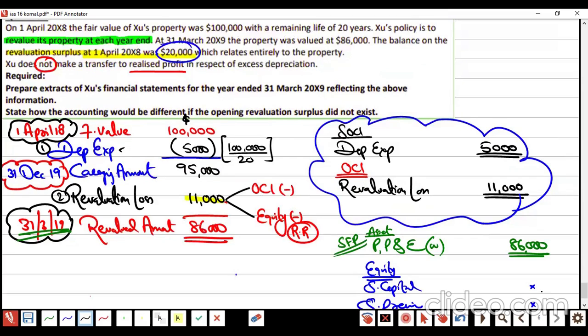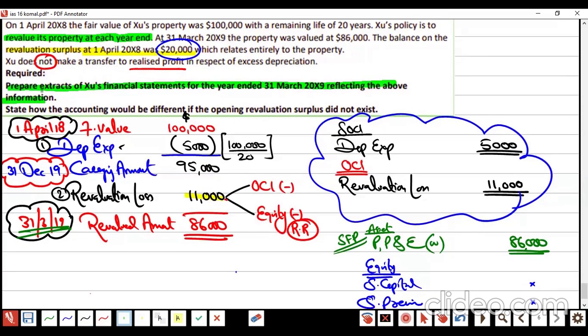Now, this is the A part. We are done now. This is the A part. Prepare the extract and finish. Now the B part is state. What we are required to state? Can you read? Prepare extracts of XU's financial statement for the year ended 31st March 2019, reflecting the above information. This is done now. What next?